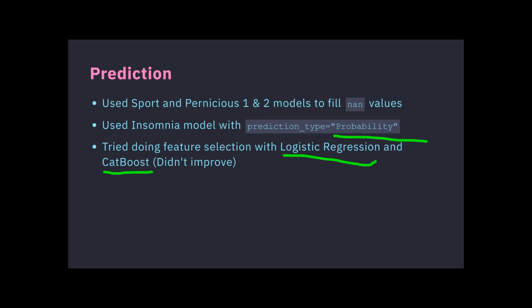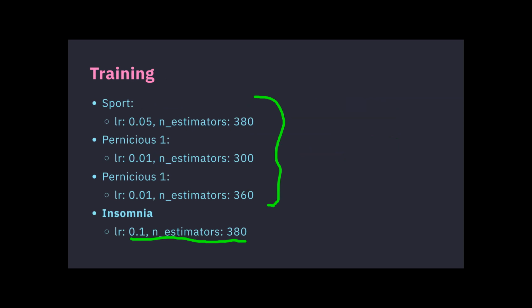Yes, Rafael. Yeah. Nico Horman from Argentina. Let me get the idea. You used 2 models to fill the NaN values of the columns, and then you train another model for the final prediction, right? 3 models, because sport also had missing values.